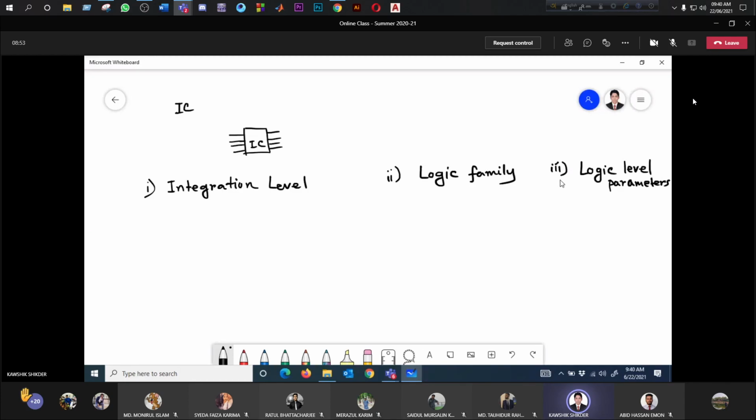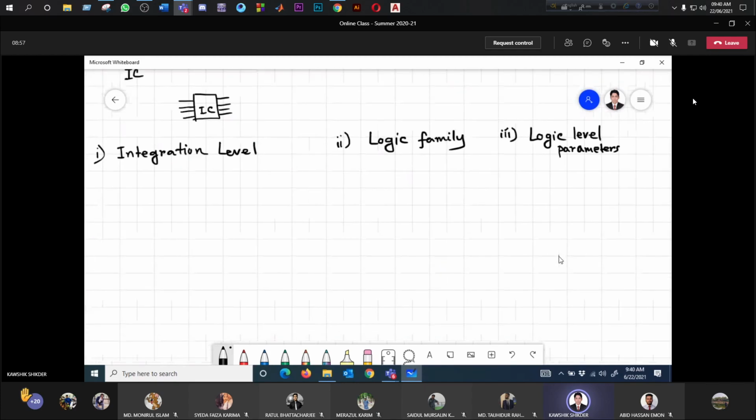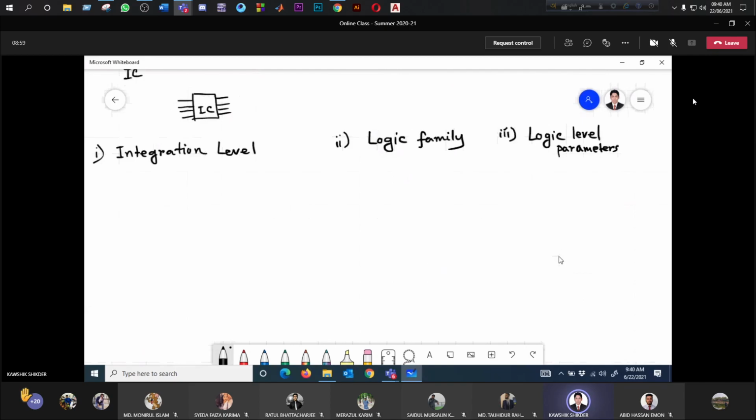So have you noted, everyone? Yes, sir. Integration level, logic family, logic level parameters, and performance parameter. So now let's see one by one what is integration level.